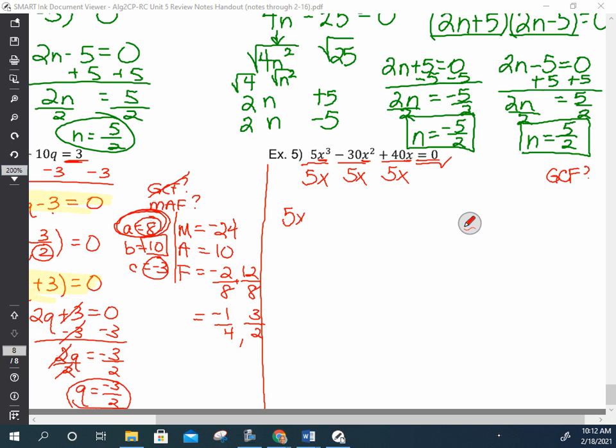So if you take out 5x, that gives you x squared minus 6x plus 8, still equal to 0. We did our first round of factoring.